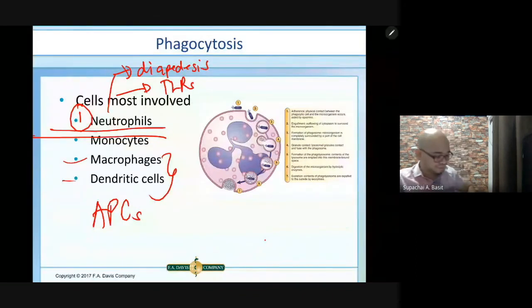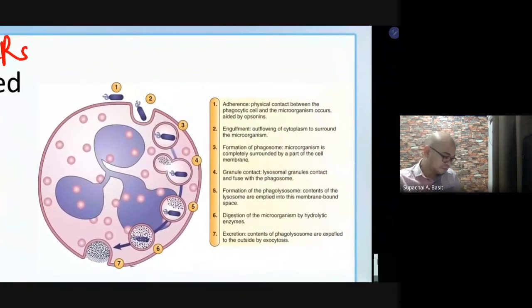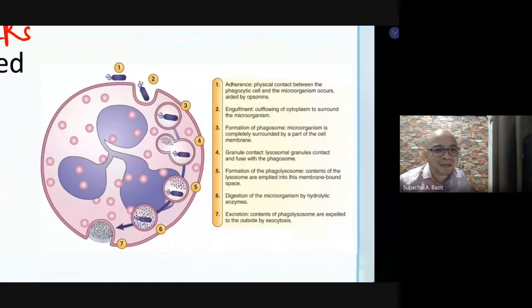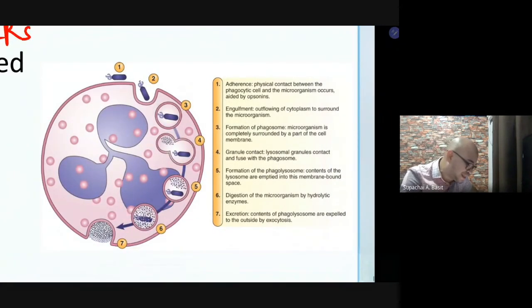So the first step in phagocytosis is adherence. Okay? When you say adherence, a physical contact between the phagocytic cell and the microorganism occurs. And this is being aided by opsonins.